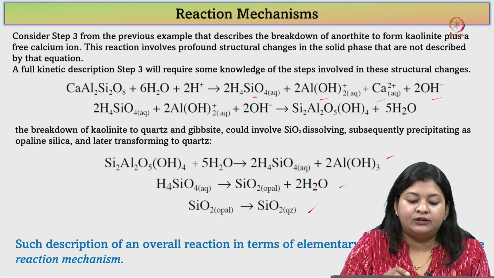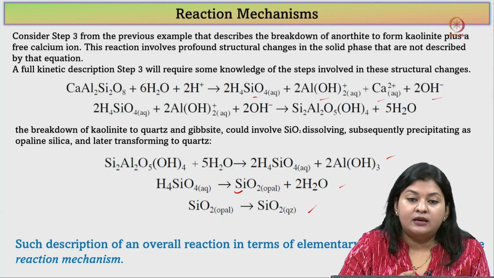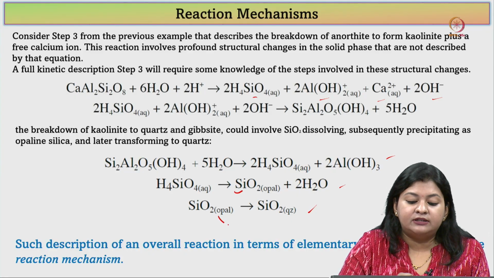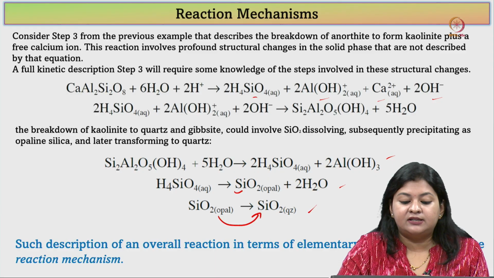First, SiO2 forms as opal, but opal is not stable at Earth's surface conditions and will change to SiO2 quartz.